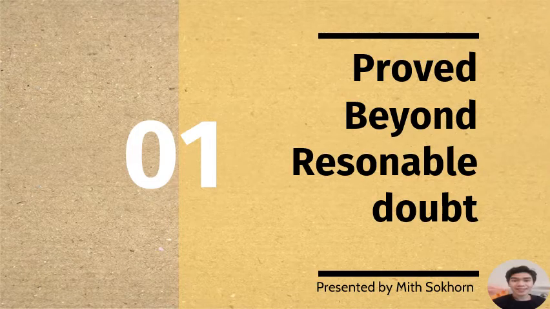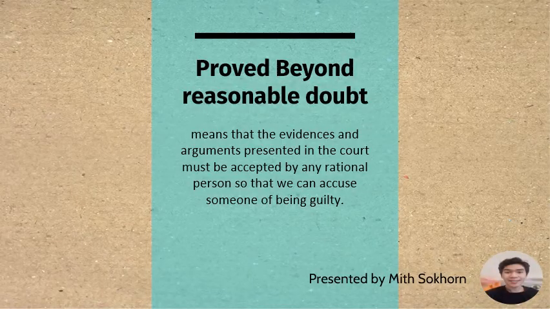So content number one is proof beyond reasonable doubt. Proof beyond a reasonable doubt is a standard for evaluating inference, or a standard of proof that applies in the criminal court. The phrase means that the evidence and argument presented in the courts must be accepted by any rational person so that we can accuse someone of being guilty.